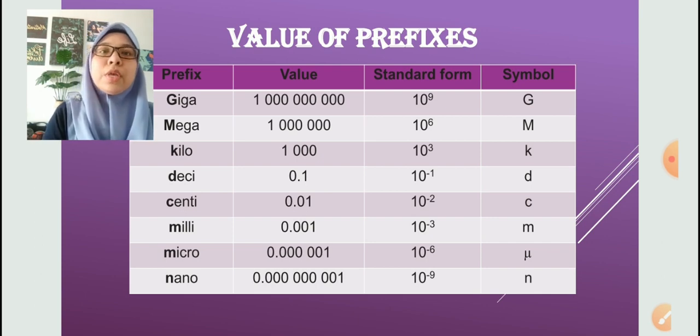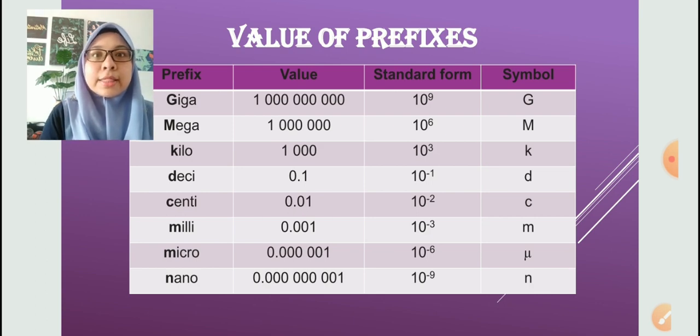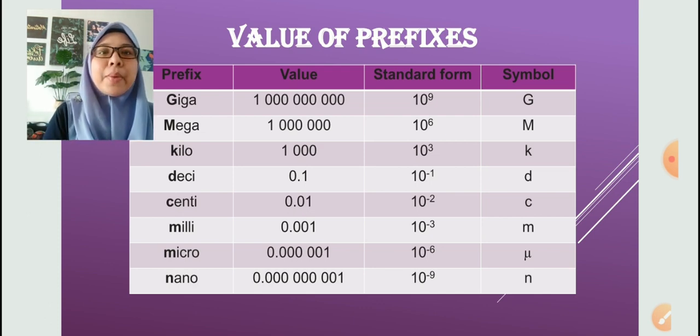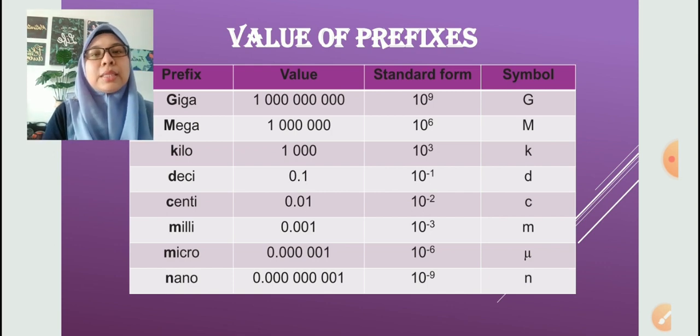We talk about the quota of your internet data, for example megabyte, 20 megabyte, 30 megabyte, 1 gigabyte. So by using prefixes, we can write 1 million as a capital M. Capital M is the symbol for mega.